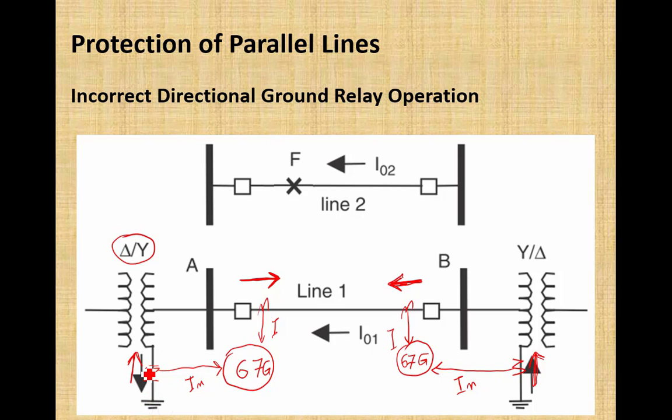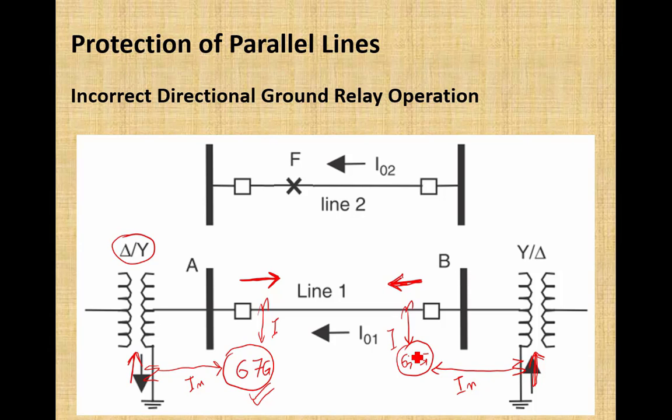So it means the reference quantity and the fault current both are in compliance with the setting. So this relay at substation A would consider this condition as a fault on the line and give a signal to its breaker to open to clear this fault.